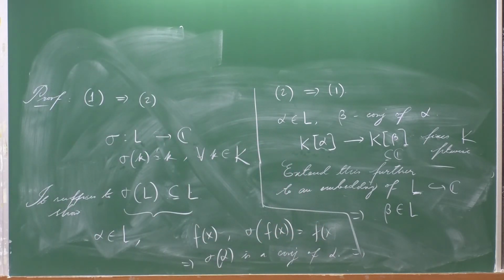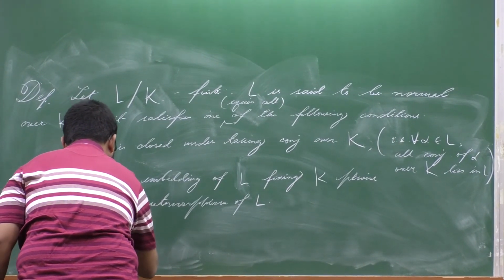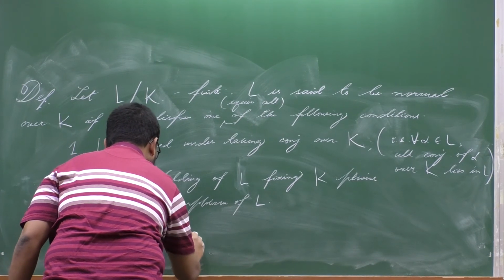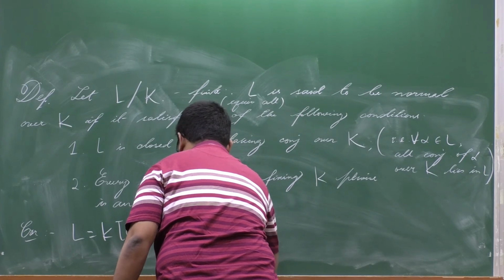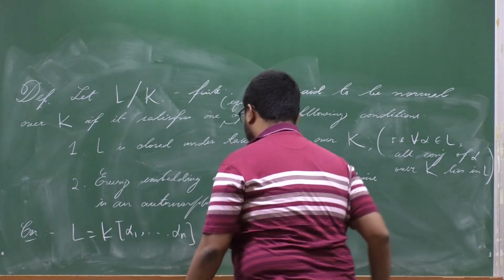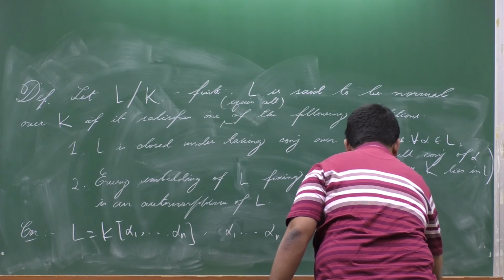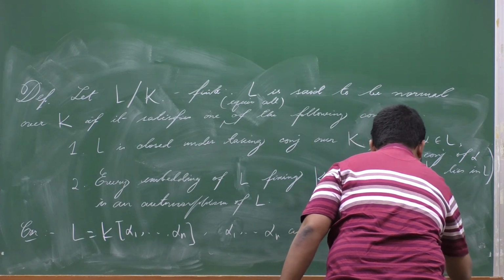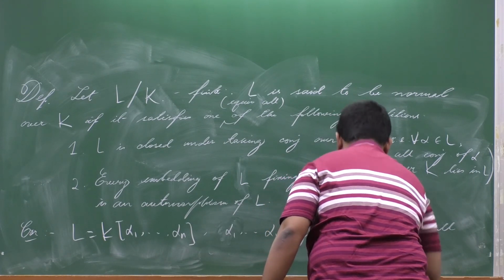Now we will just finish with one simple corollary. Suppose L is k(alpha_1, up to alpha_n), where all these are algebraic, and L contains all conjugates of the alpha_i.